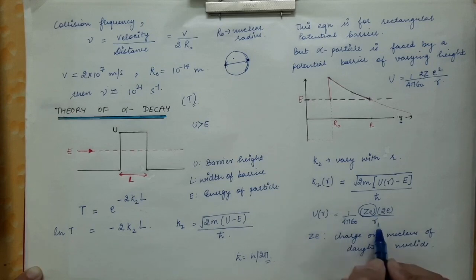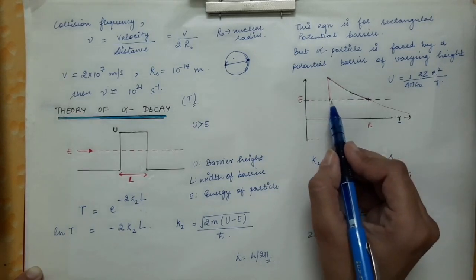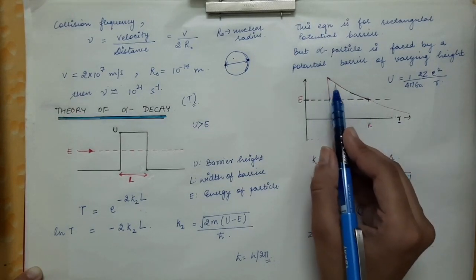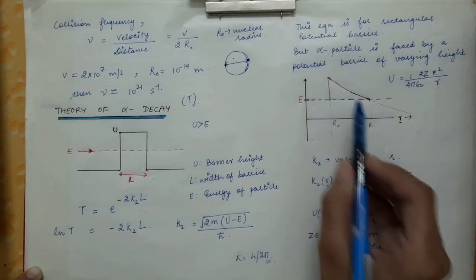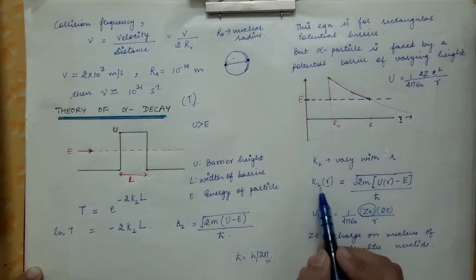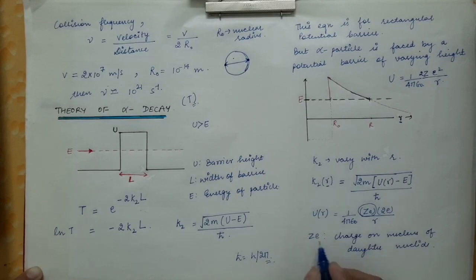So U will be a function of distance. As the distance increases, the potential energy decreases. So U is a function of r, hence K2 will be a function of r. Keep in mind Z into e is the charge on the nucleus of the daughter nuclei.